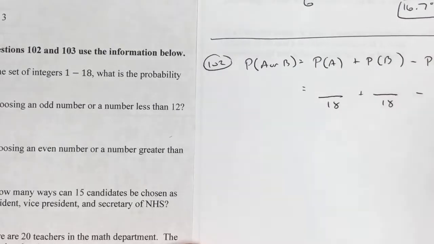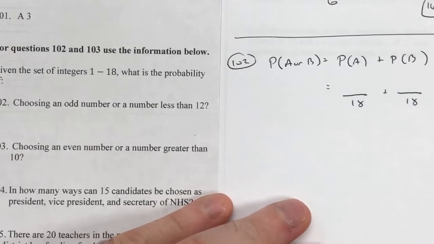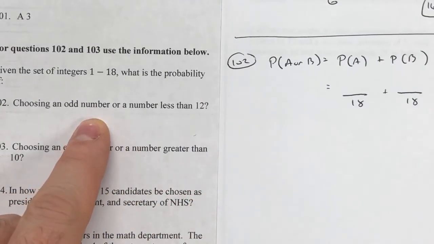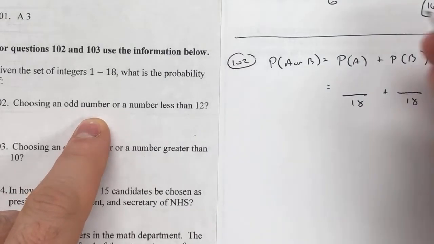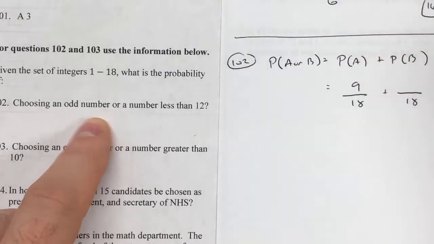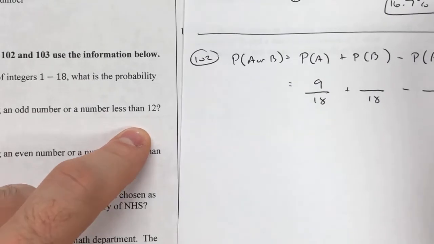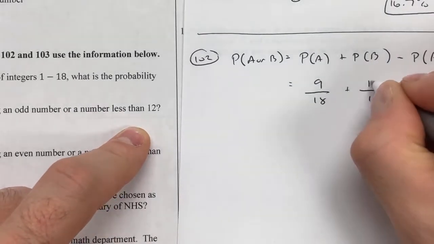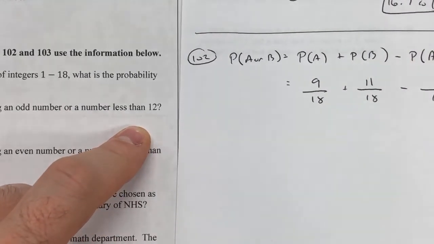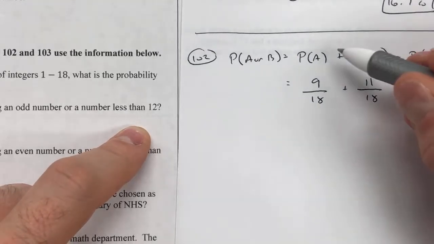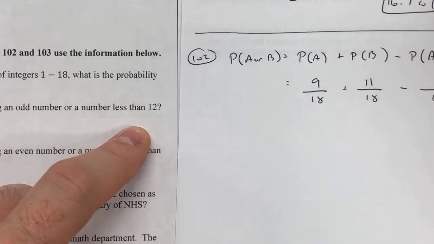So the probability of A, that they are odd numbers, 1 through 18 has 9 odd numbers. Probability of B, numbers less than 12, well, that's 11 out of 18. And then what are the chances of A and B?